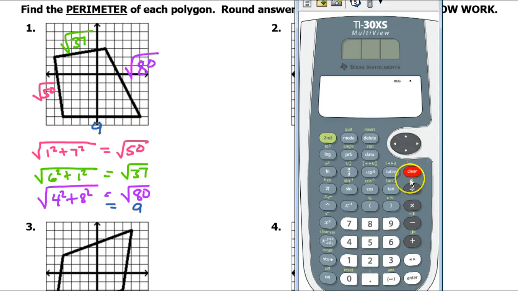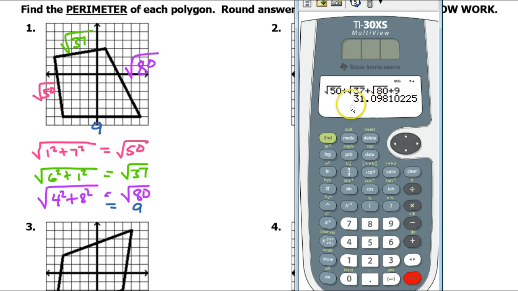I'm just going to do the square root of 50 plus the square root of 37 plus the square root of 80 plus 9.